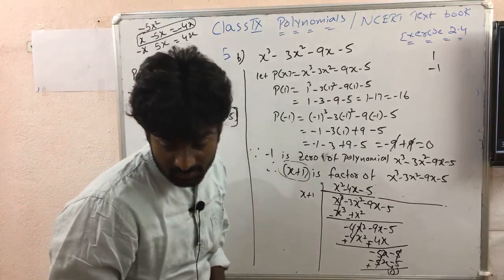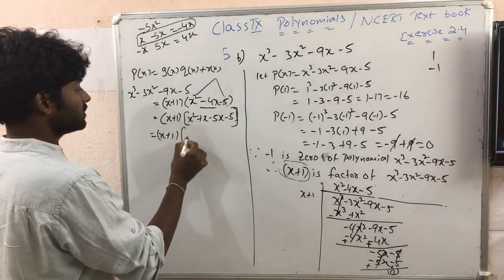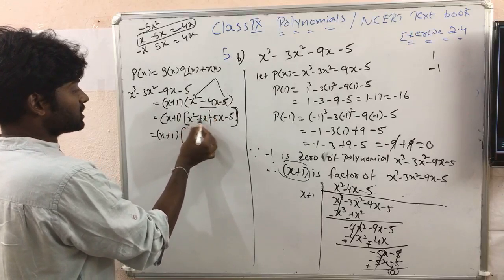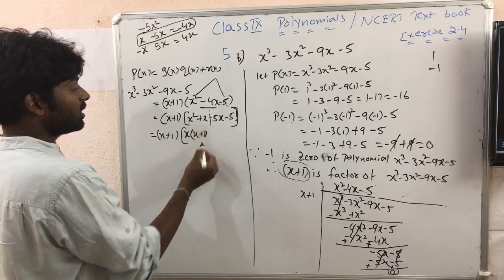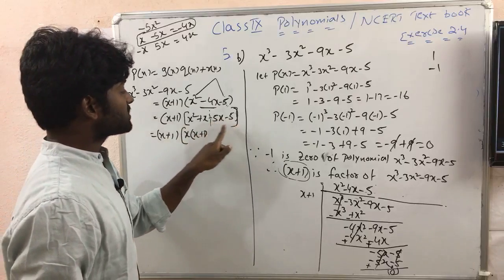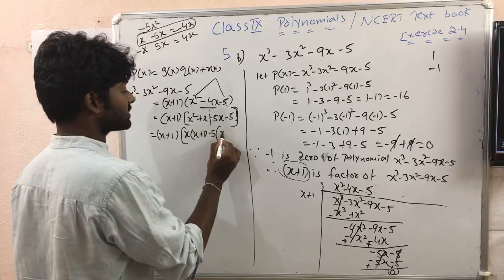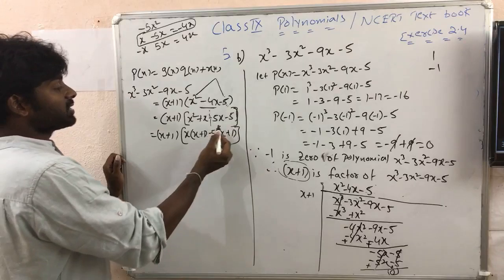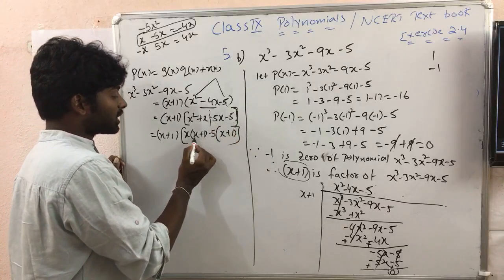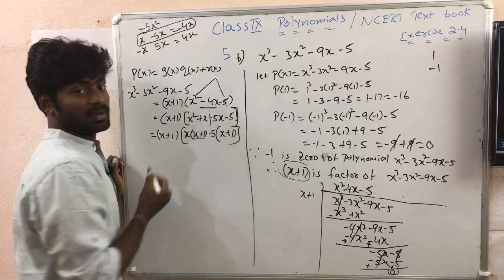Now see, x plus 1 into. In the first two terms x is common, you are left with x plus 1, and in the second part, in these two terms, minus 5 is common. Take minus 5 as common, you are left with x plus 1. If you have any doubt in splitting the middle term, whatever factor you got in the first part, the same thing you will get in the second part.